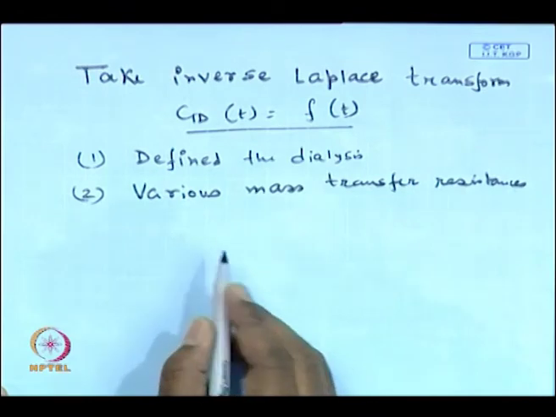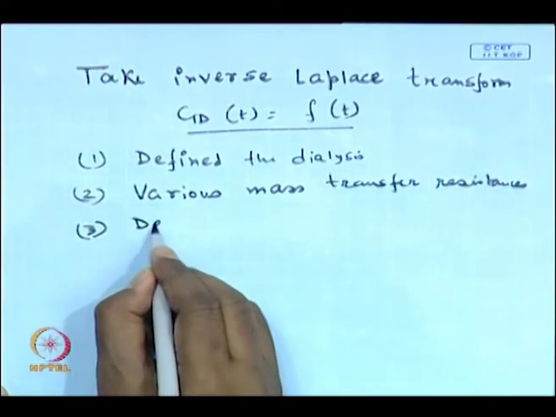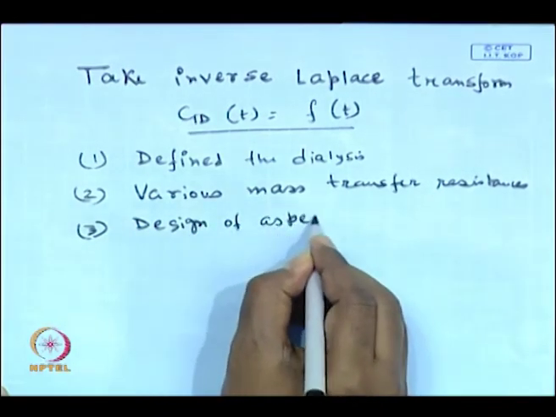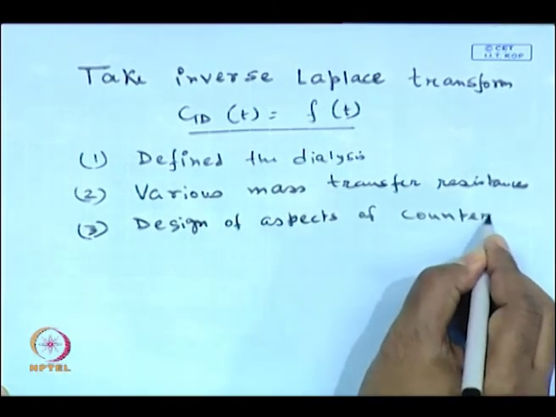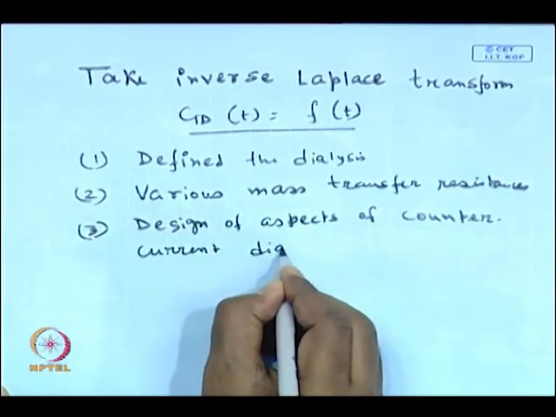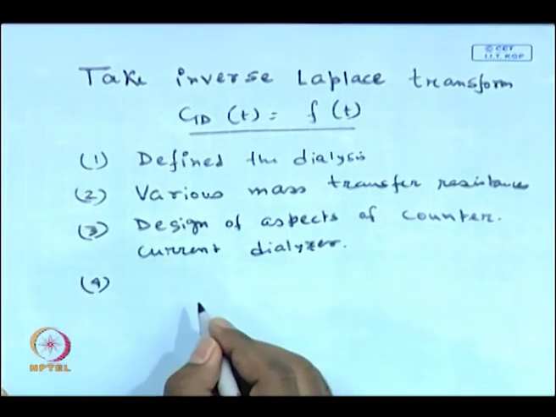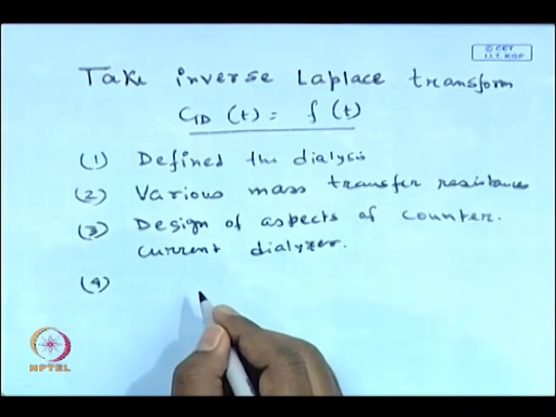Then we looked into the design aspects of the counter current dialyzer. In the counter current dialyzer we have found out there are 3 resistances that have to be determined: the mass transfer coefficient in the feed side, the mass transfer coefficient in the dialyzer side, and the membrane resistance.